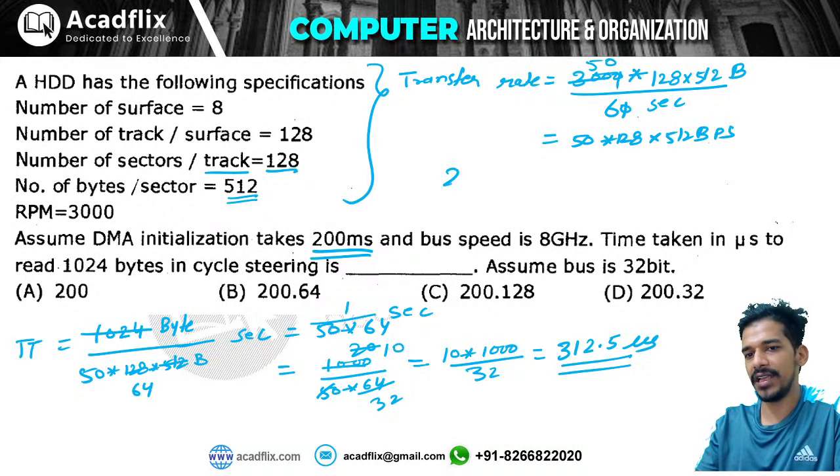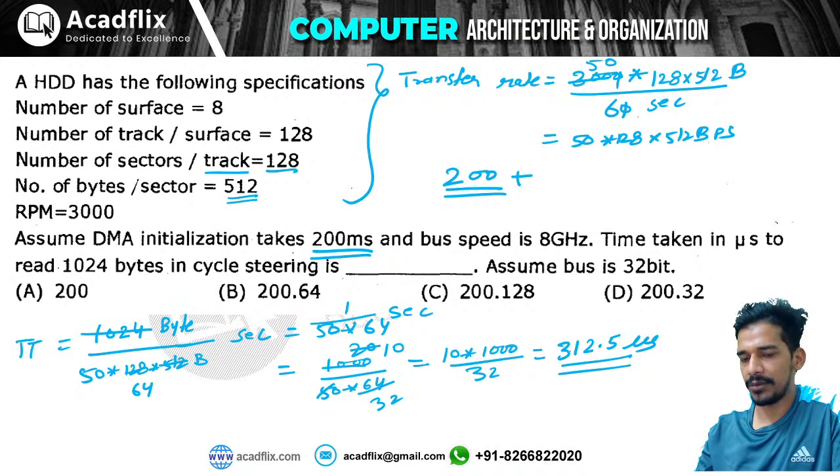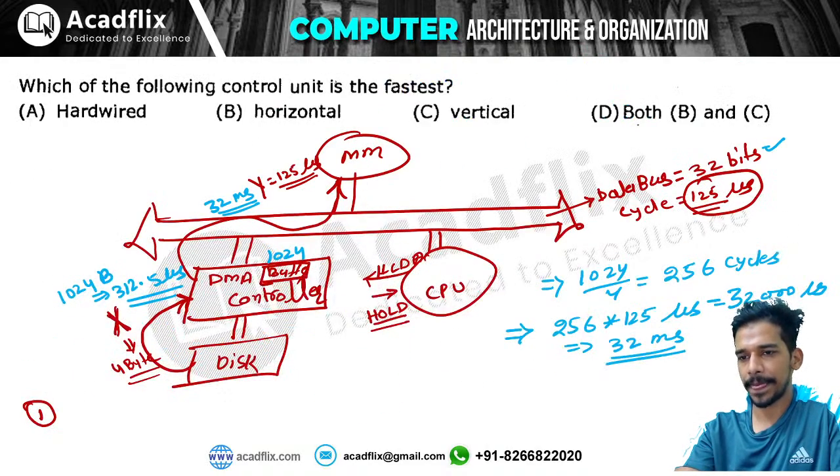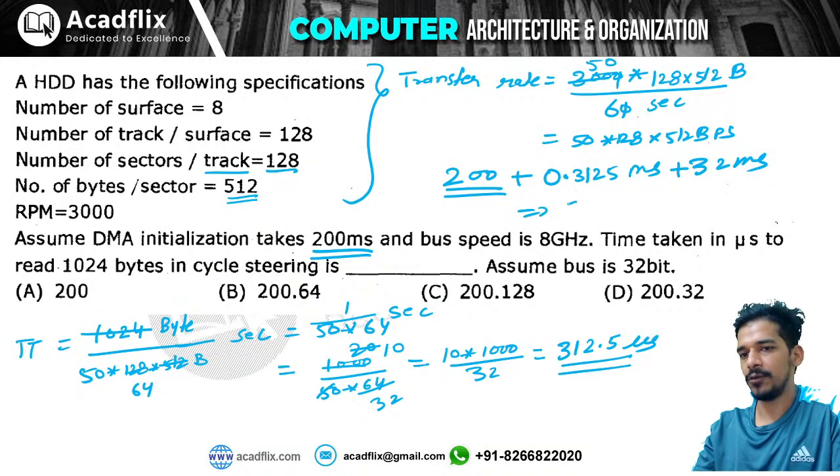So 200 milliseconds will be taken by the CPU for initiation, plus 0.3125 milliseconds to transfer the data from disk to the DMA controller, and then 32 milliseconds for transferring the data from the DMA controller to main memory. So the answer will be 232.3125 milliseconds.